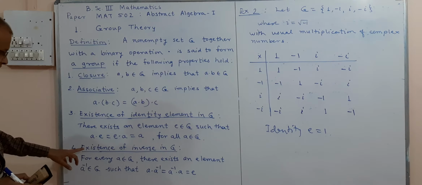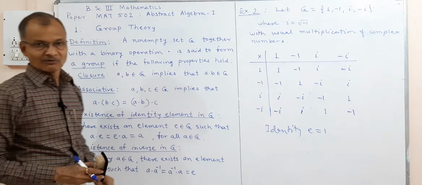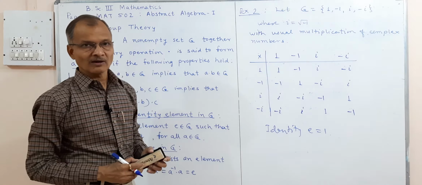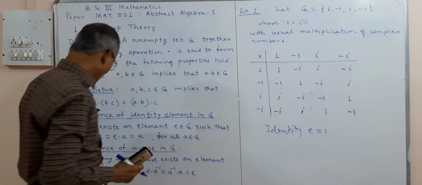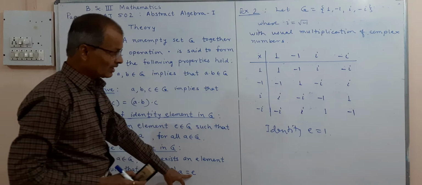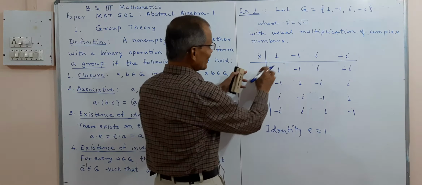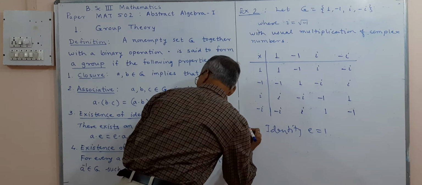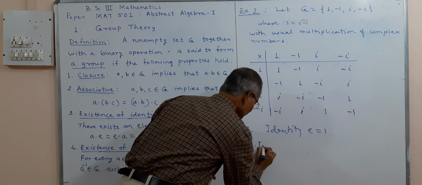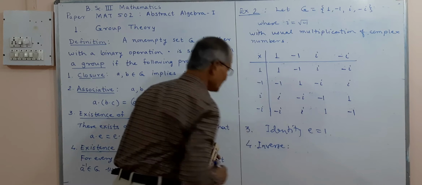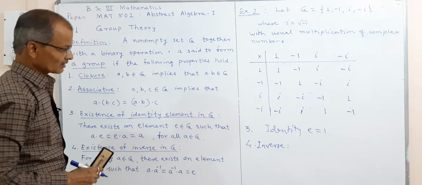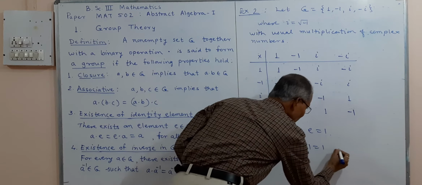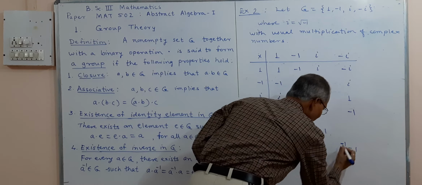And what about the inverse? Does an inverse exist for each element? Inverse means their composition must be the identity, so a into a inverse is equal to e. E means 1. This is the fourth property, the inverse. The first two were simple and we considered them by observation. Now 1 into 1 is 1, so the inverse of 1 is 1 itself.